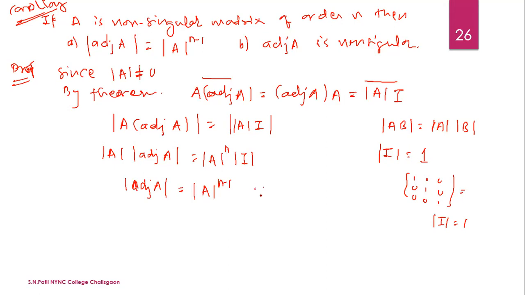Since A is non-singular, this is the first thing. Now the second thing is clear. Since A is non-singular, from the above relation determinant of A raised to n minus 1 is also non-zero. Then determinant of adjoint of A is non-zero.